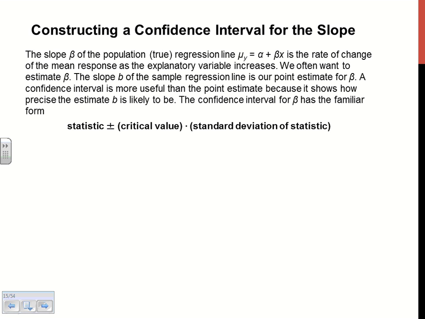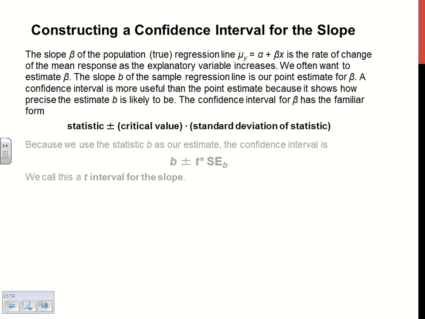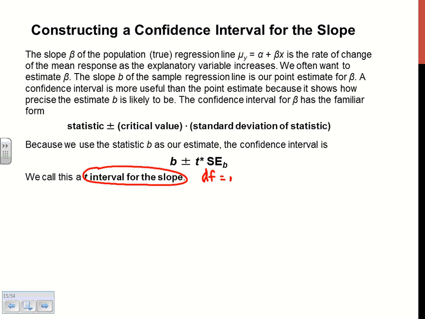So constructing a confidence interval, just like before, we have our statistic plus or minus our critical value times our standard deviation. So our statistic is going to be our b, plus or minus a critical value of t star times the standard error of the residuals here. So this is a t interval for the slope. And just a reminder, our degrees of freedom is n minus 2 when we're dealing with this.